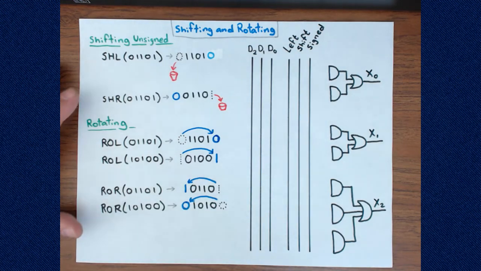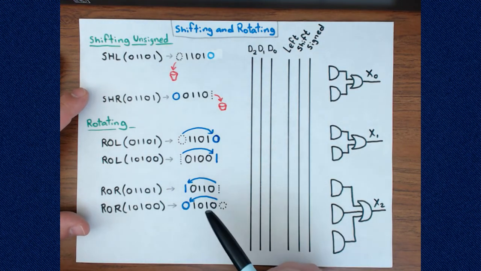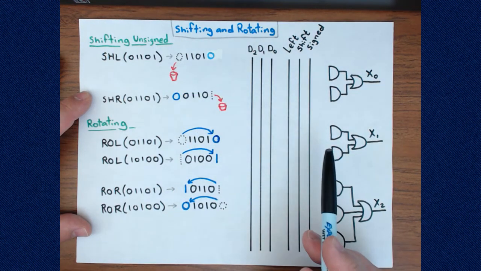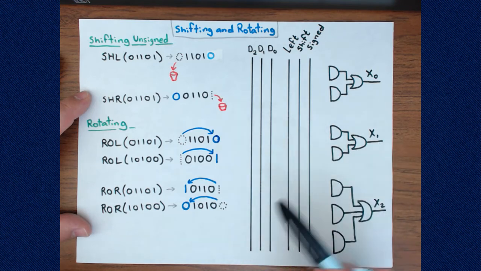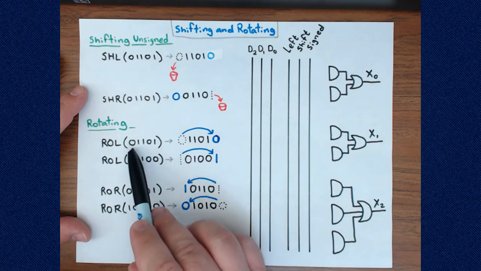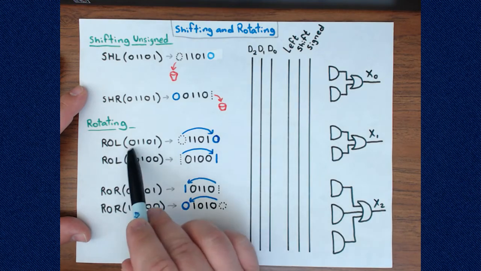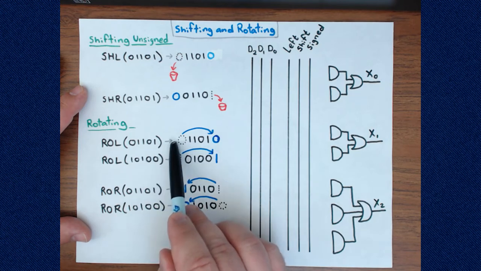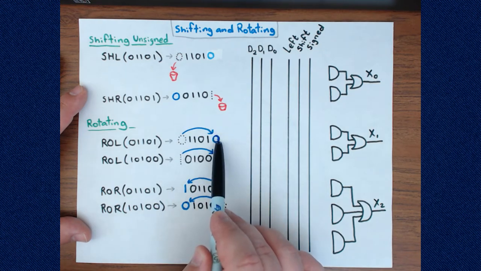Rotating is utterly similar to shifting. The only difference is the bits that we've seen going off into the bit bucket don't go to the bit bucket. They wrap around to the other side because the entire bit pattern does a single bit rotate. So here, when we rotate to the left, this 0 is going to fall away off the left edge and then fill in the vacuum created.